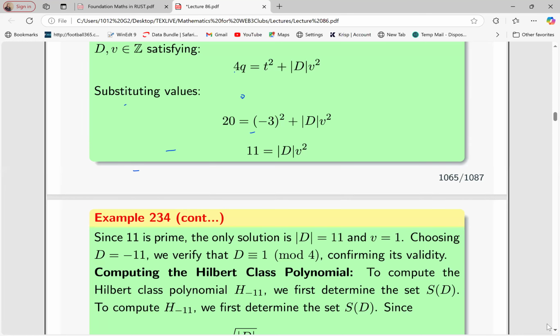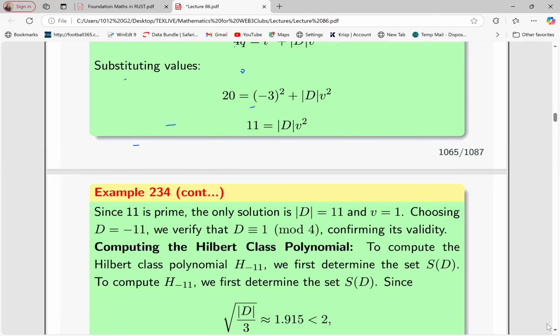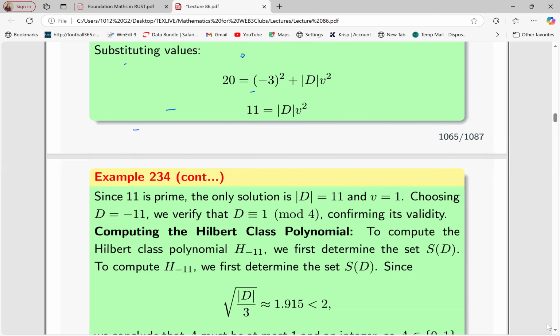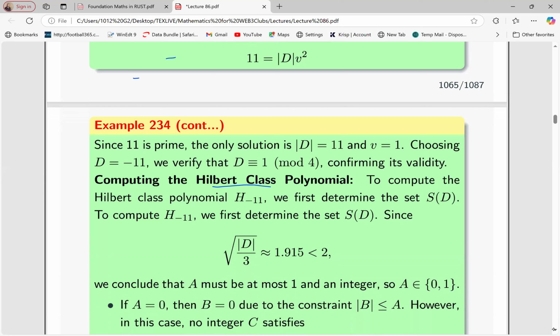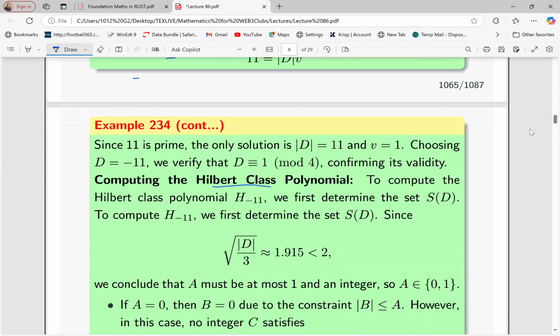The other step that we said was to compute the Hilbert class polynomial. But to compute the Hilbert class polynomial, we had several conditions. I've not listed them here, but let's go back and see what the conditions were.